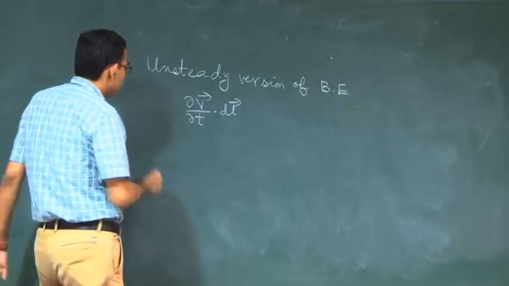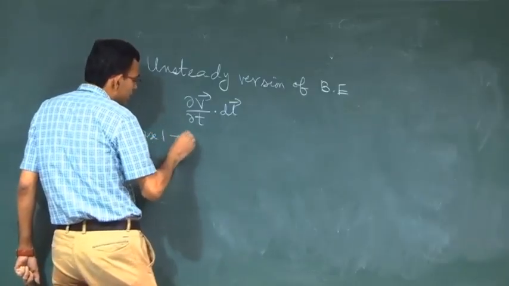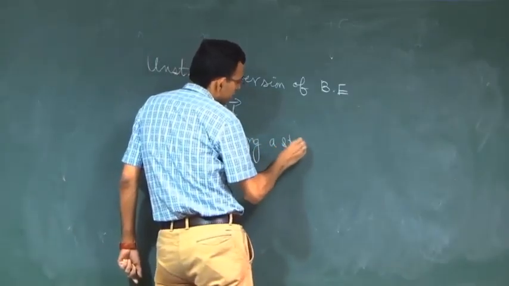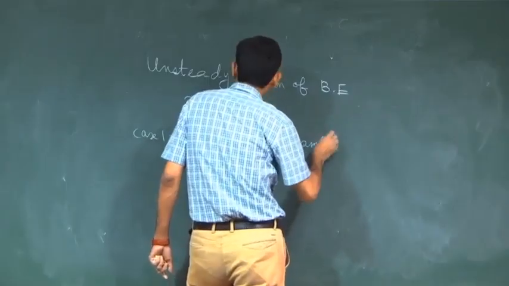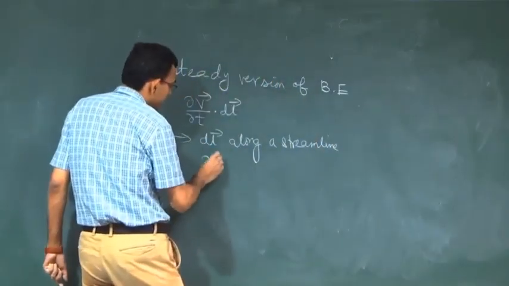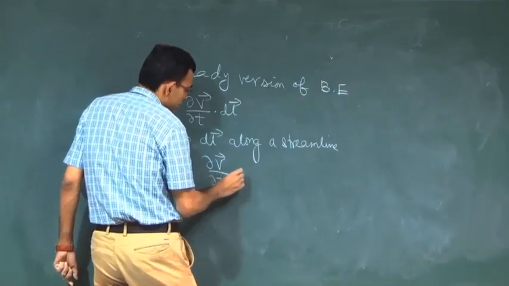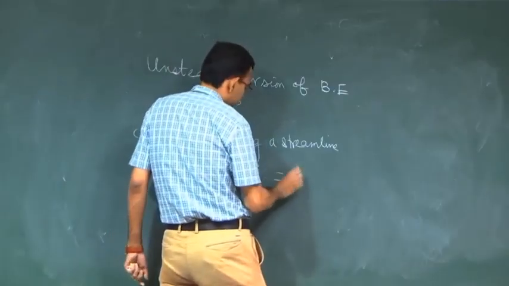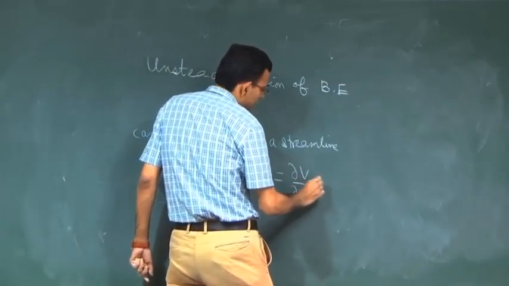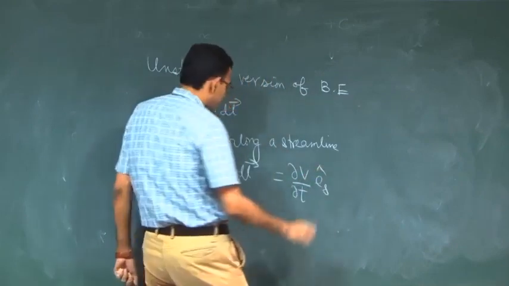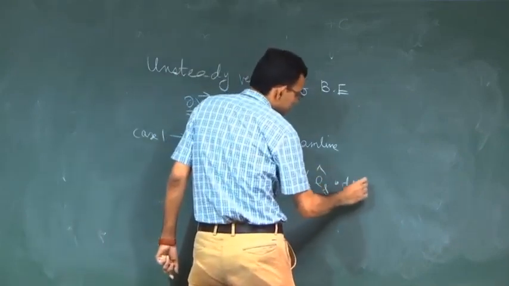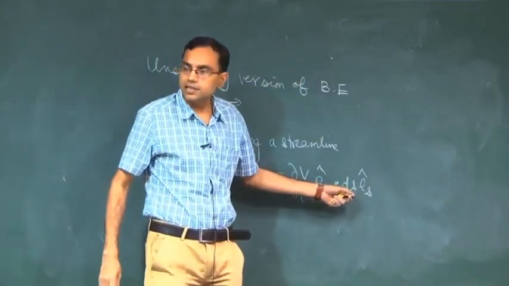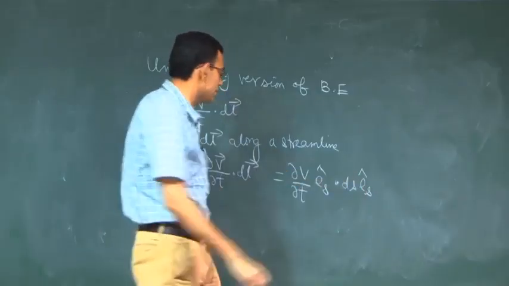So there are two cases which we will study. Case 1 is dl along a streamline. Let us say e_s is the unit vector along the streamline and s is the streamline coordinate.